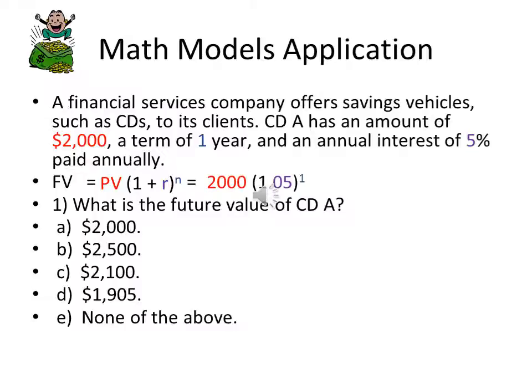Math Models Application. A financial service company offers savings vehicles, such as CDs, to its clients. CD A has an amount of 2000, a term of 1 year, and an annual interest rate of 5% paid annually.